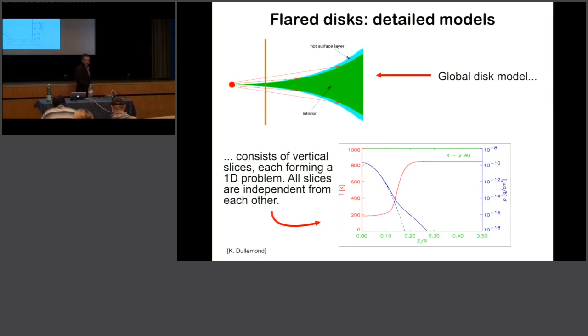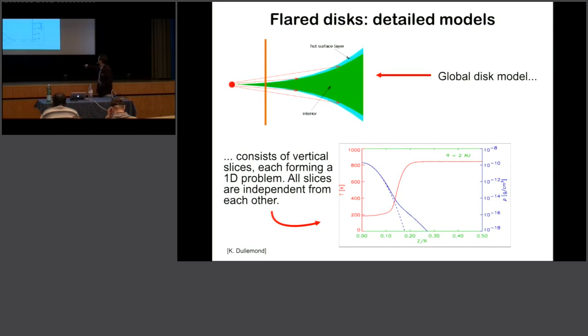Okay, so if you have a cut through the disk at a certain radius, and you go from the midplane to the surface of the disk, you have a density profile, as Phil has mentioned, that is Gaussian in the interior, and then perhaps a power-law atmosphere.